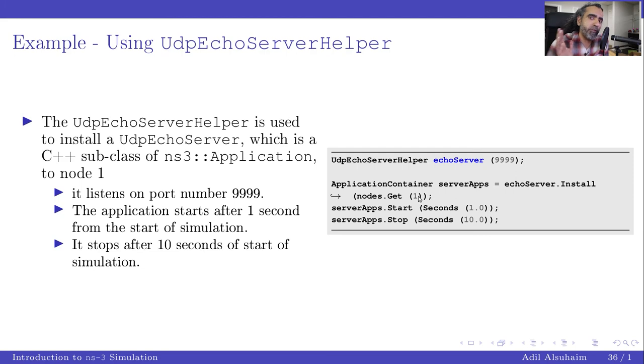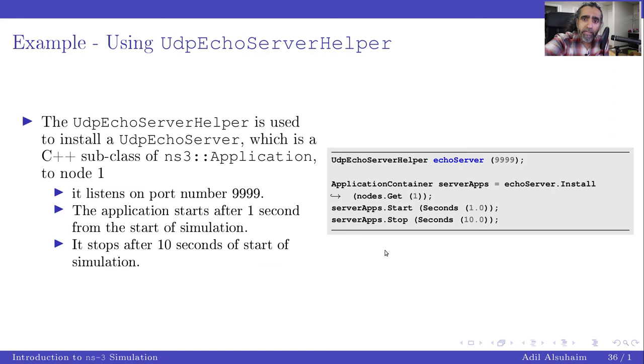We created 2 nodes. The first node has ID 0. The second node has ID 1. Of course, I could pass an entire node container, and it will install it in every node of that container. Also I want to use this application container object, and I'm going to set the starting time to 1 second after simulation starts, and I stop it 10 seconds after simulation starts.